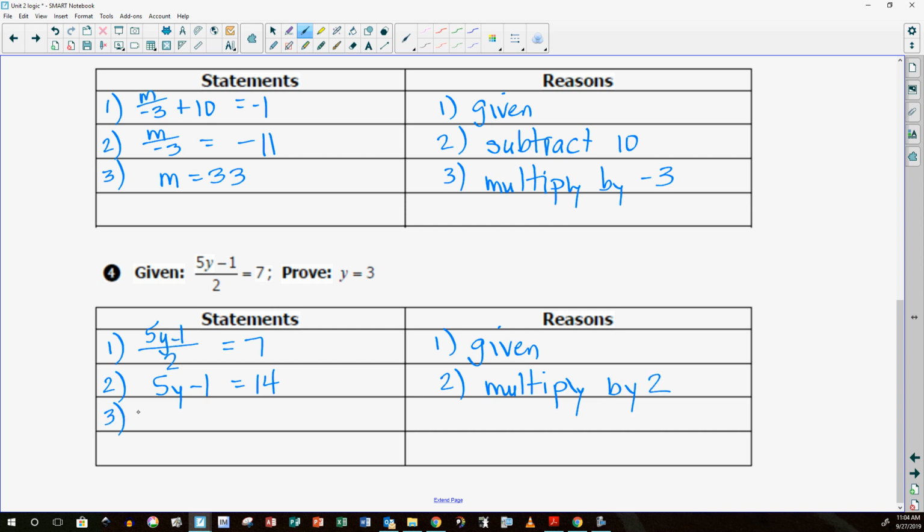Next step, I'm going to add 1 to both sides. So 5y is going to equal 15. And step 4, y is equal to 3 because I divide by 5.